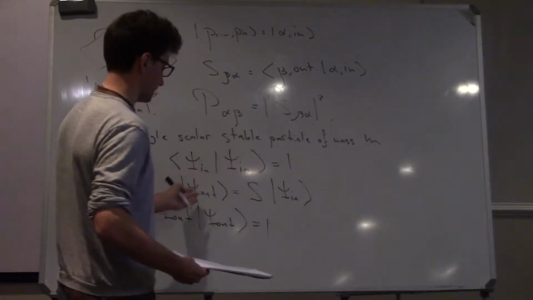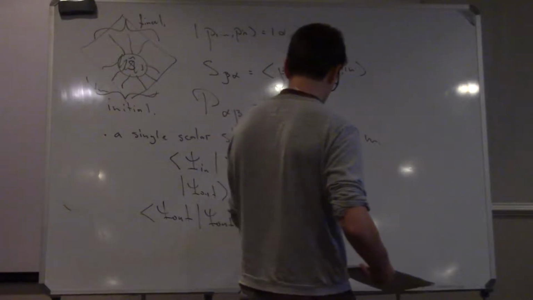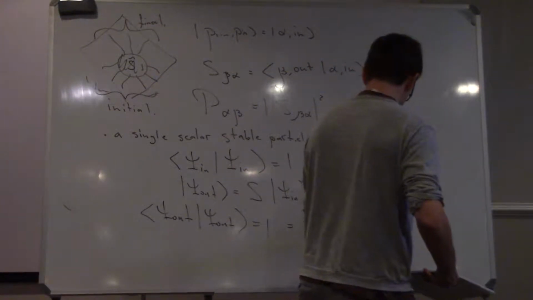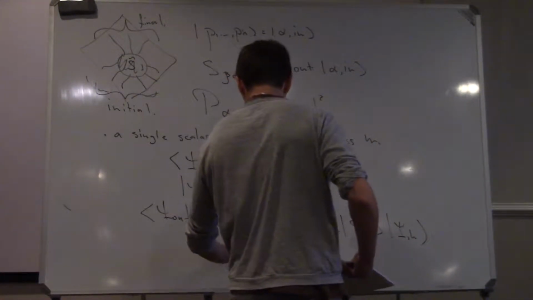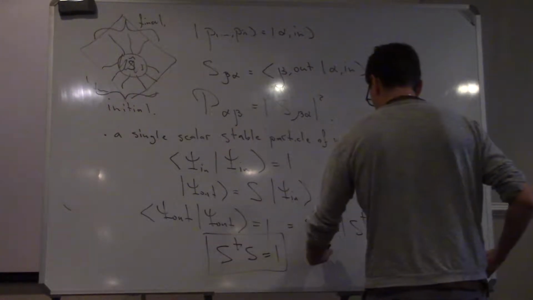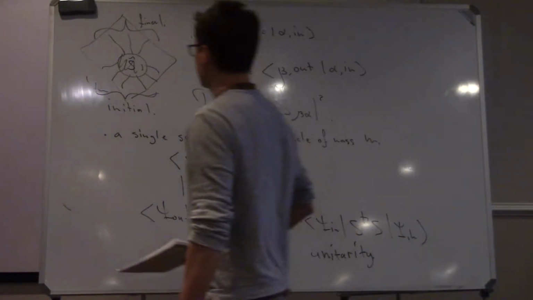Start with a normalized state, and evaluating this, we get S dagger S, and from this we conclude that S dagger S is equal to 1. So this is known as unitarity. This is one property of the S matrix.